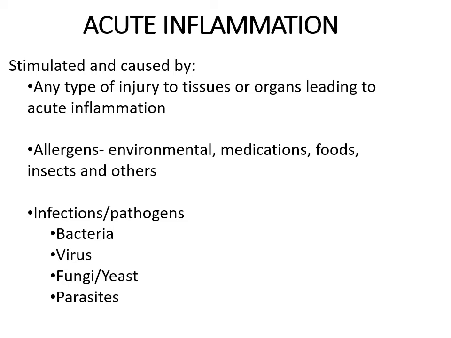Well, that's going to lead to acute inflammation as the initial response, right? How about allergens? So environmental allergens, such as seasonal allergies, some medications, some foods, insect bites, the body can react to any of those with inflammation.